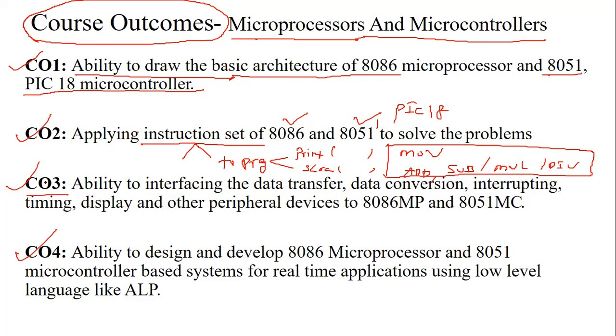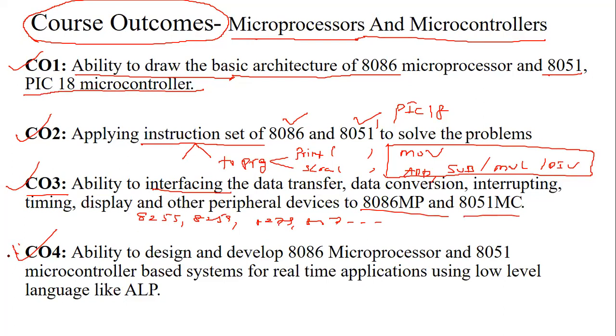After the completion of the syllabus, the student is able to interface different types of devices. You know the different types of interfacing devices; I already said 8255, 8259, 8279, 8257. The student is able to know how to interface these devices to connect with the 8086 microprocessor as well as the 8051.